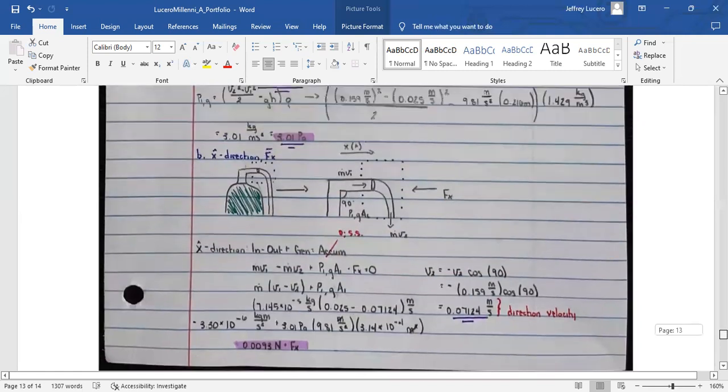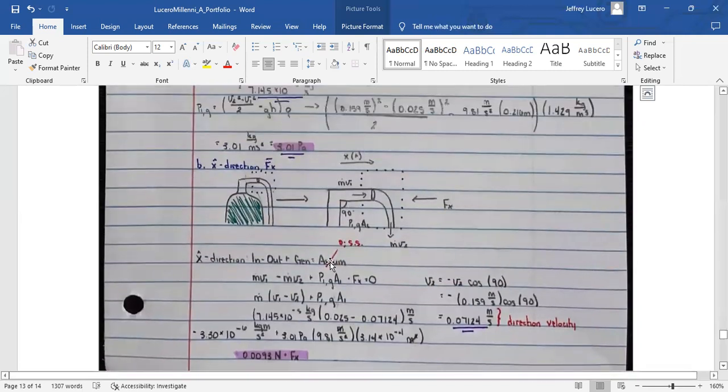For part B, in the X direction, we need to know the angle of the spout for the oxygen tank, which is 90 degrees. So to get the X direction, we have to do in minus out plus generation, which equals accumulation.